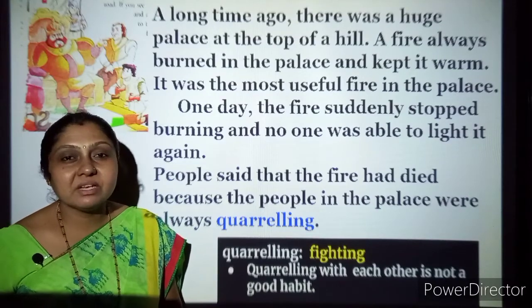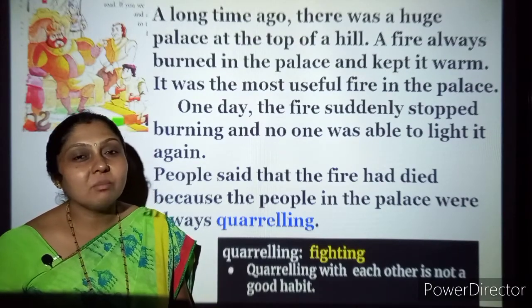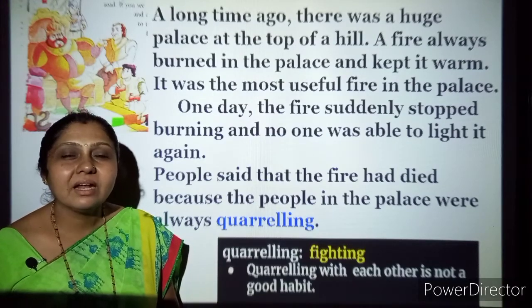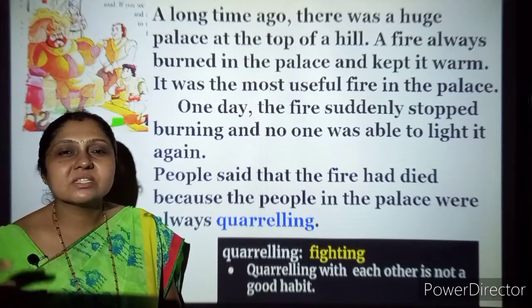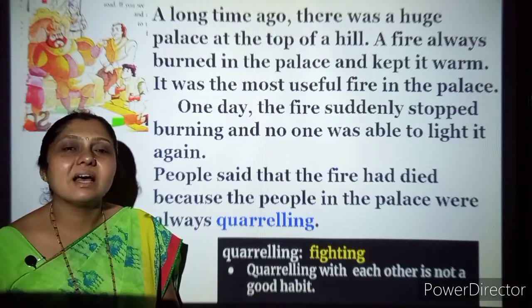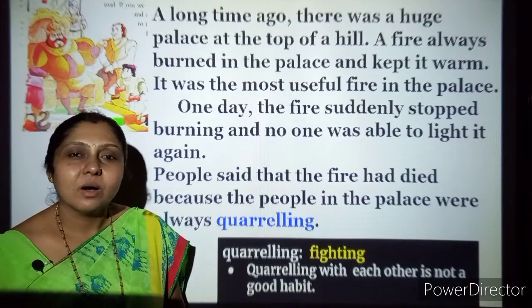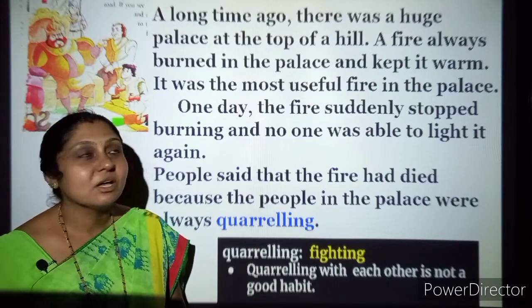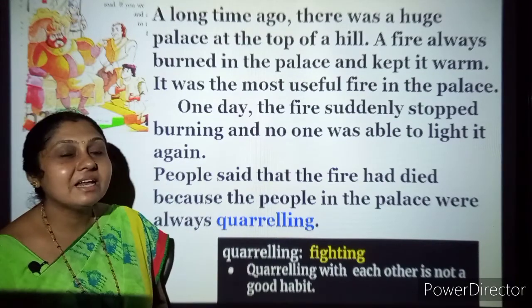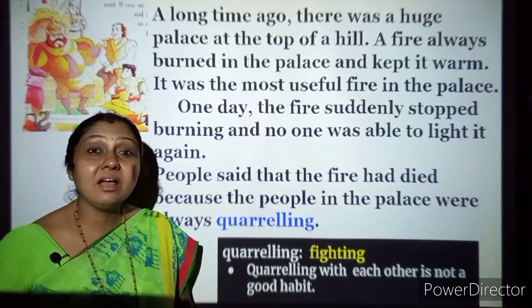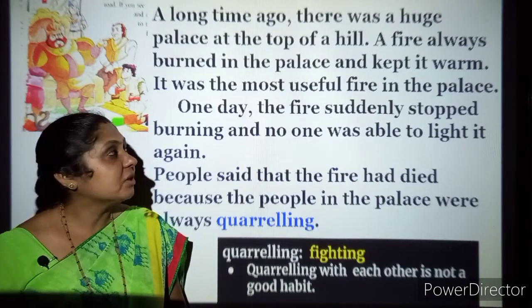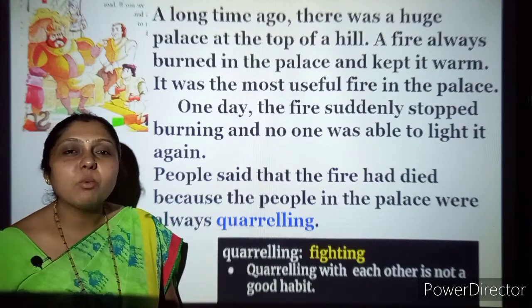You might have experienced it if you have gone to hill stations like Ooty or Kodaikanal. There the houses and the main places are situated on the hill. That's why you call them hill stations. This palace was also on the top of the hill, and thus it was very cold, so for the purpose of keeping it warm.